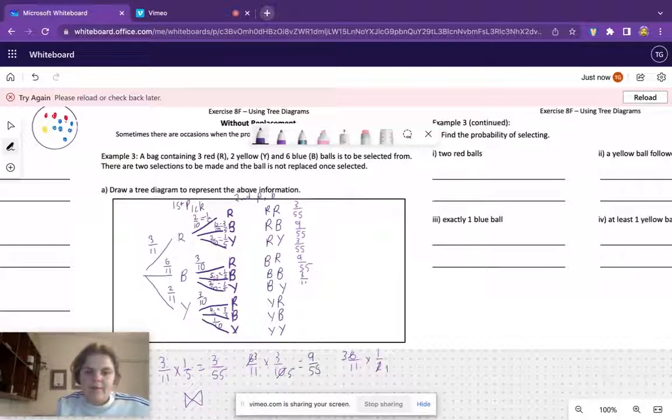That one's pretty common compared to a lot of the others. And then we've got 6 out of 55. Just multiplying the probabilities along the branch. I'm running out of room here, so do make sure you leave yourself enough space. Again, I've got a nice fraction I can cancel.